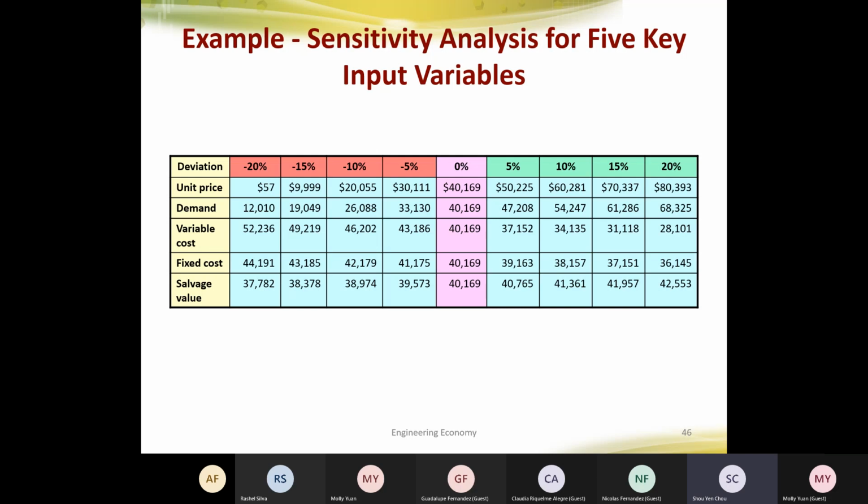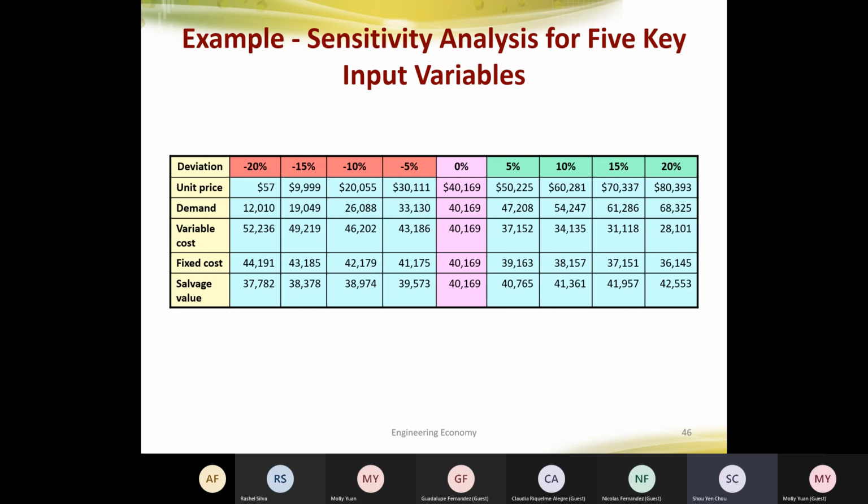If the estimation on the unit price is not very accurate, then the impact is quite big. Okay, that we can see. The demand is 5% lower, 10%, all the way to 20%. It's significantly lower, but at least it will not be like the estimation of the unit price, where the present worth is almost negative, right?